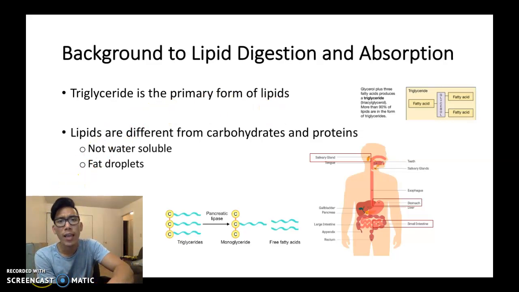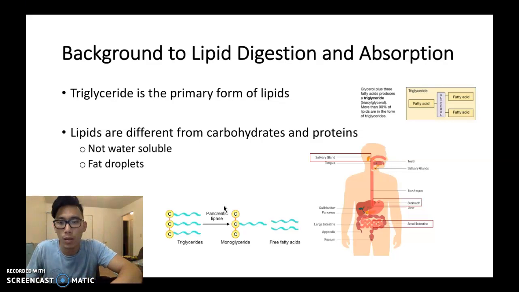And this poses a significant problem in digestion and absorption, in that enzymes have a difficult time breaking down lipids because lipids do not mesh well with our body's aqueous environment. Instead, lipids will group together to form large fat droplets.